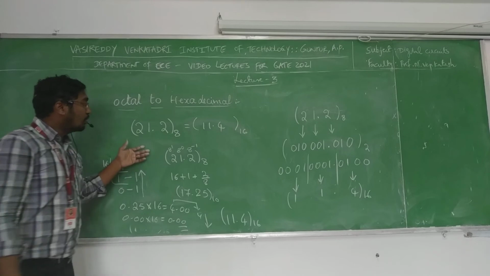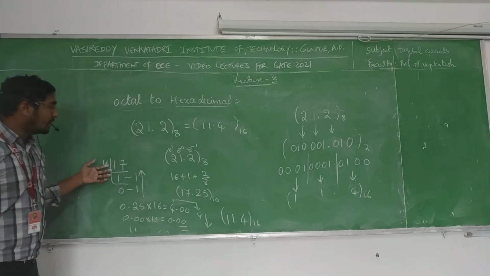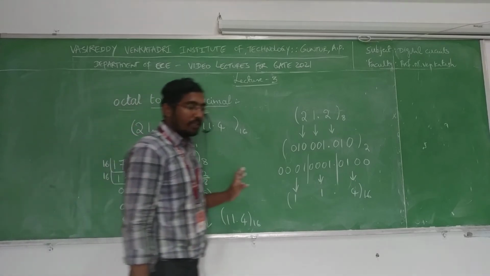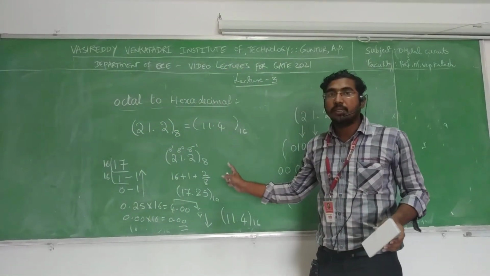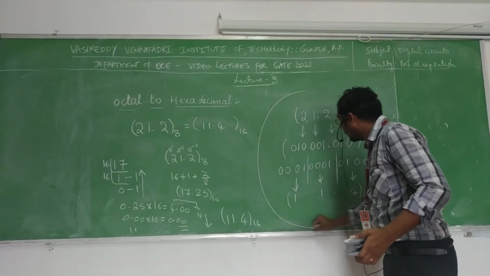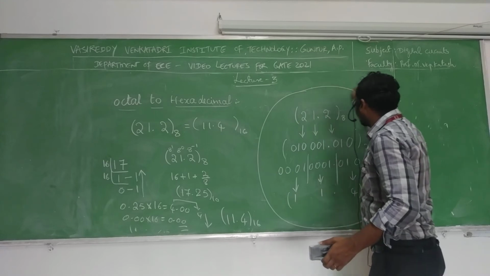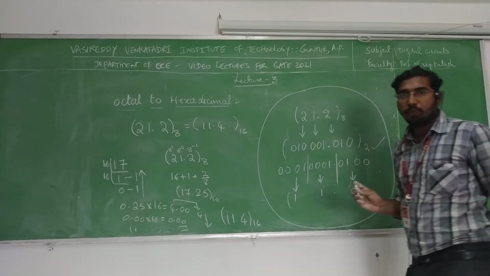But with decimal there is so much math involved: multiplications, divisions, again multiplications. So my suggestion is, whenever you are converting octal to hexa or hexa to octal, take the help of binary.